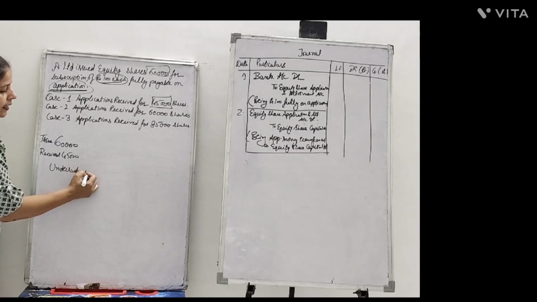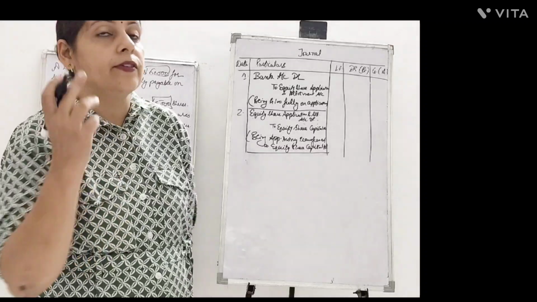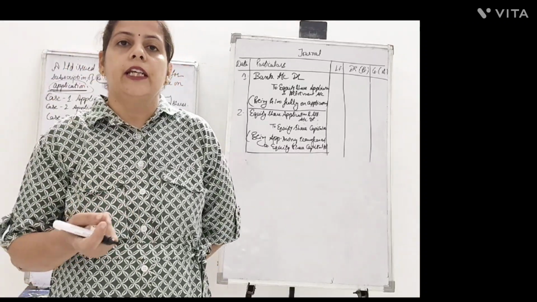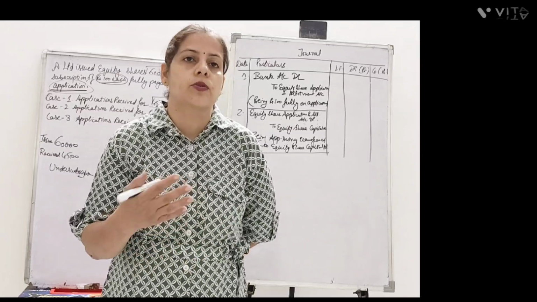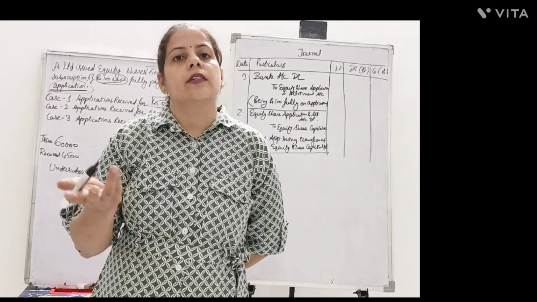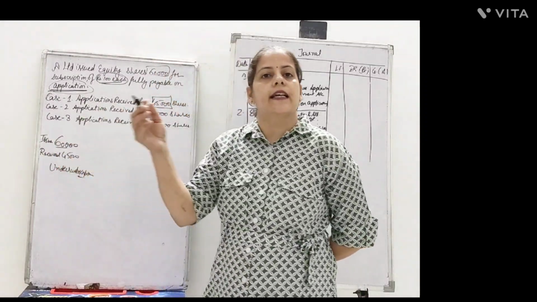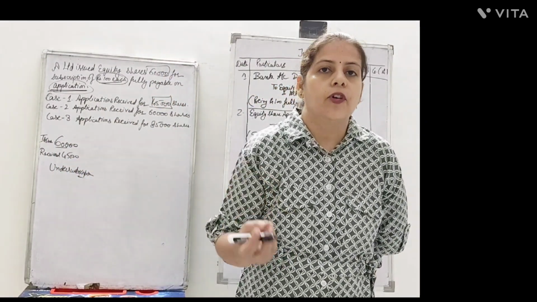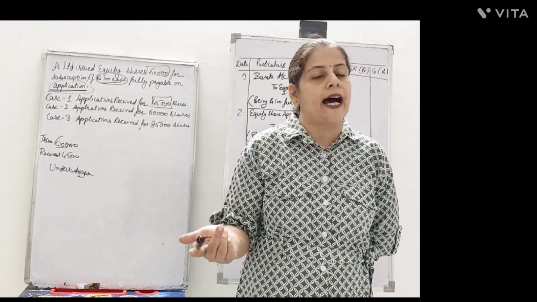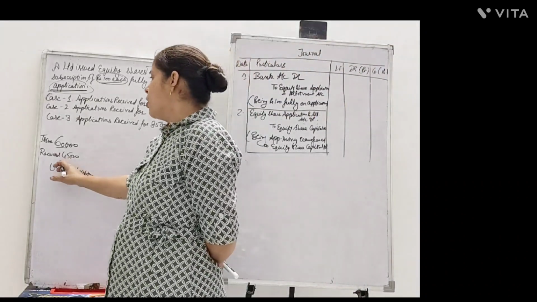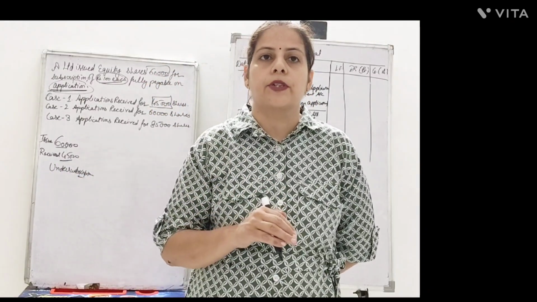Keep one thing in mind: if a college calls out for admission of students and has, let's suppose, 600 seats, but the students actually applied only for 450 seats, this is known as under subscription.